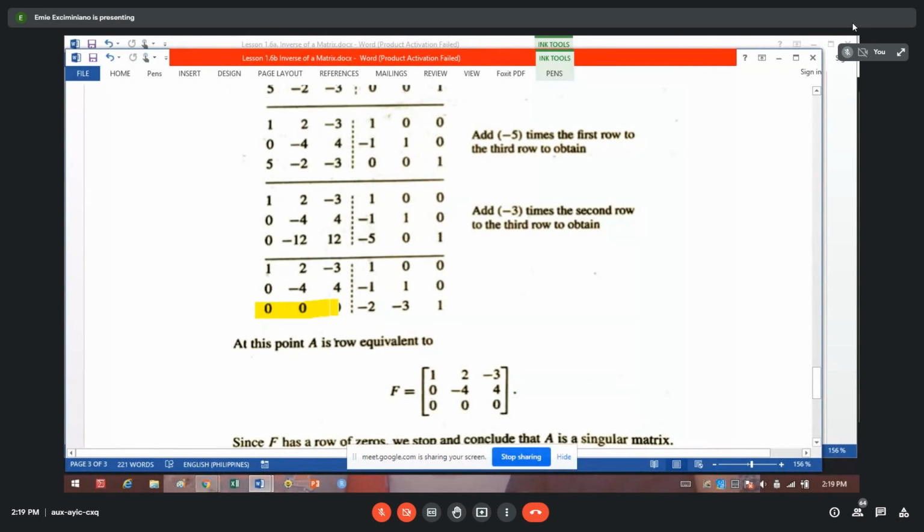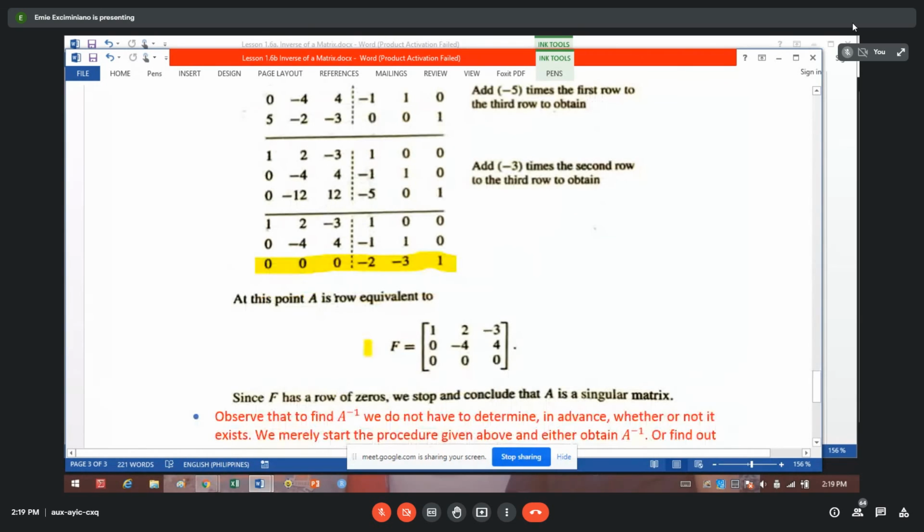Noong tinatry niya na i-reduce siya, nakakita siya ng ganitong row sa last row. At this point, mag-stop na kayo. Hindi niyo na kailangan pang mag-continue.